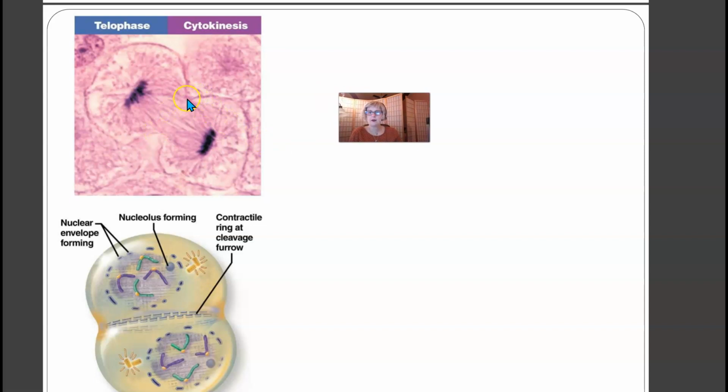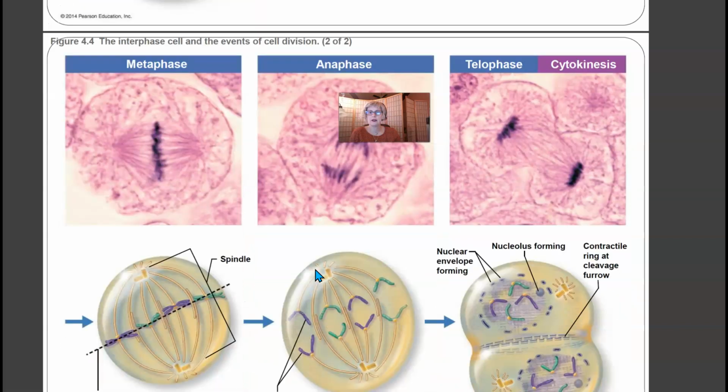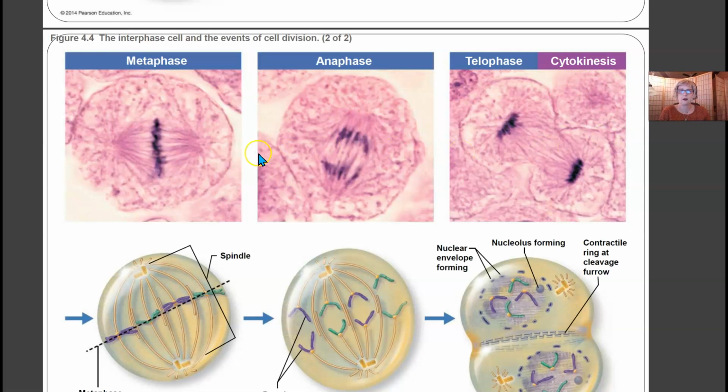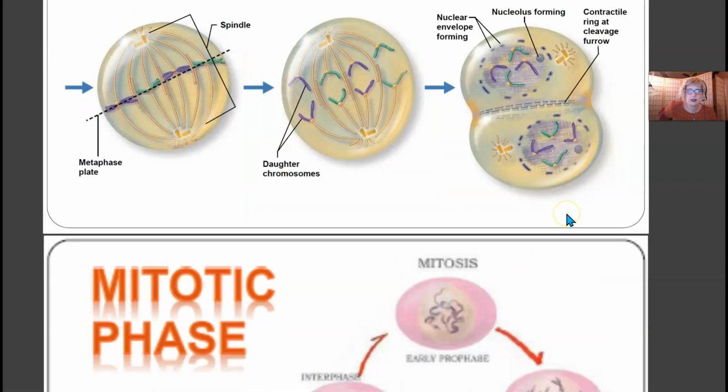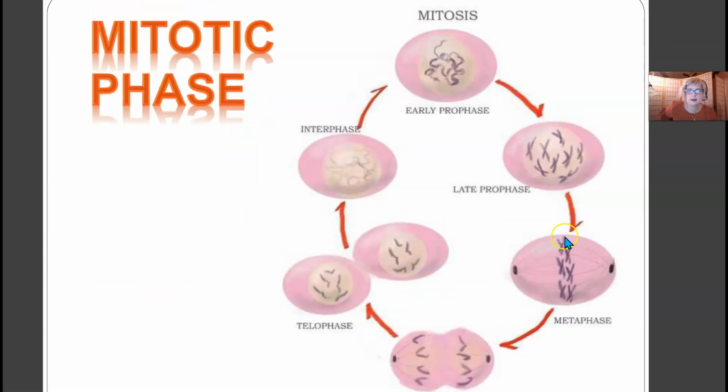All right, so this shows you a review of all of what we just discussed, from metaphase to anaphase to telophase and cytokinesis. So metaphase, everything's at the middle. Anaphase, the chromosomes are pulled apart. Telophase, the cleavage furrow, and you can see that it separates into two daughter cells. All right, so make sure you learn this. Have it memorized. It should not be so hard. If you've done this in high school, this is easy peasy.